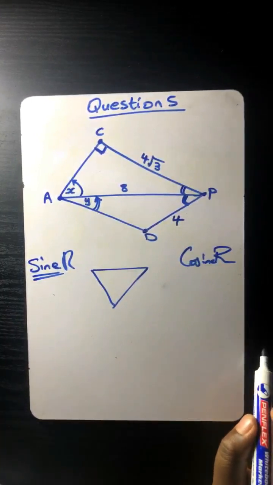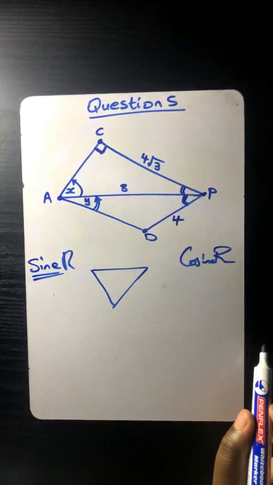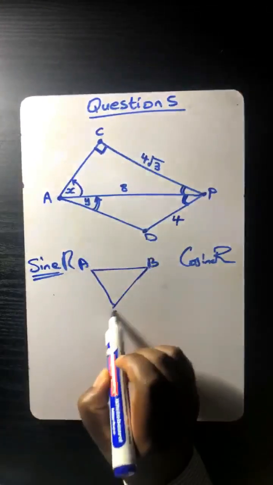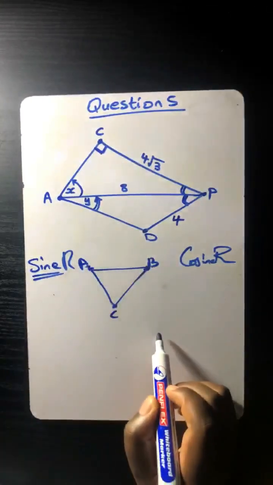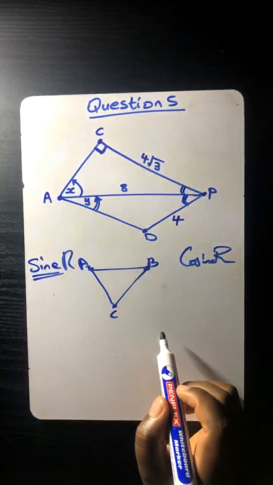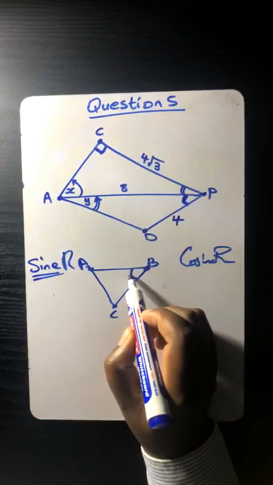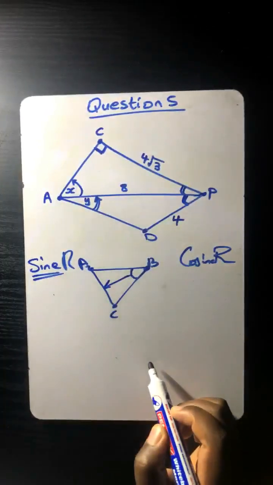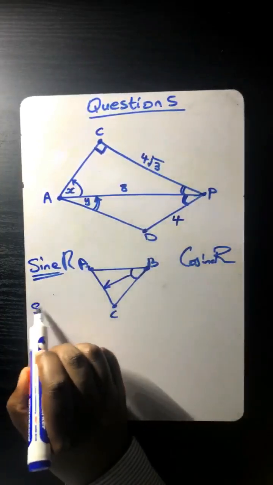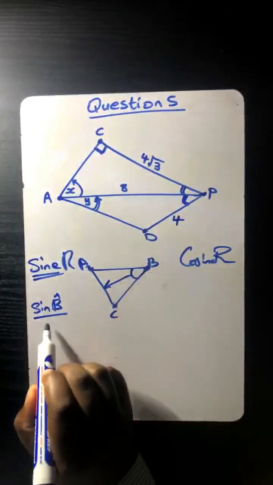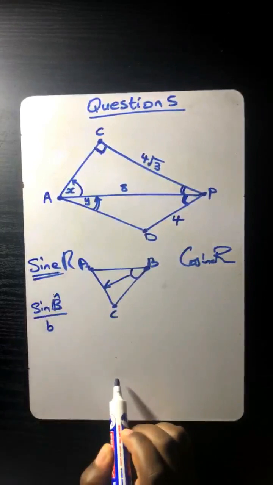Now the formula for the sine rule: let's say we have A, B, and C. The sine rule says you can apply it if you have an angle and its opposite side. So you can say sine of angle B over the opposite side, small b.